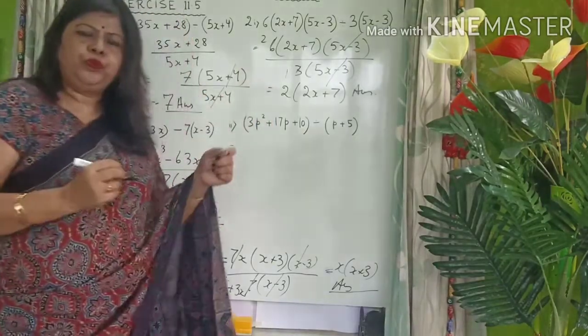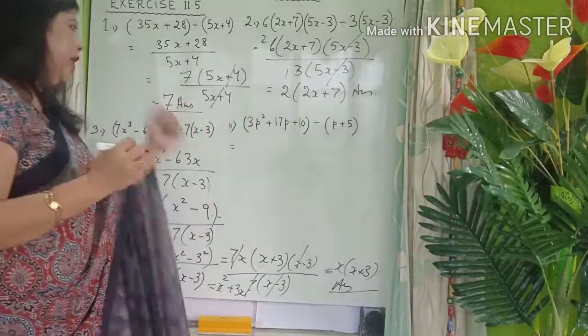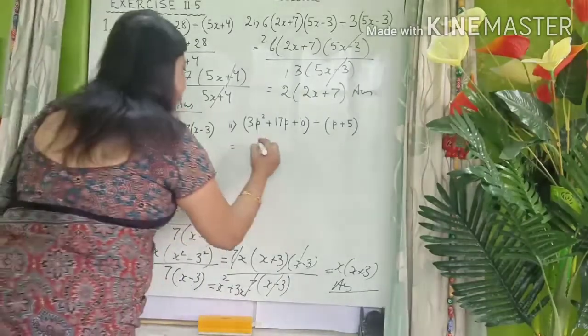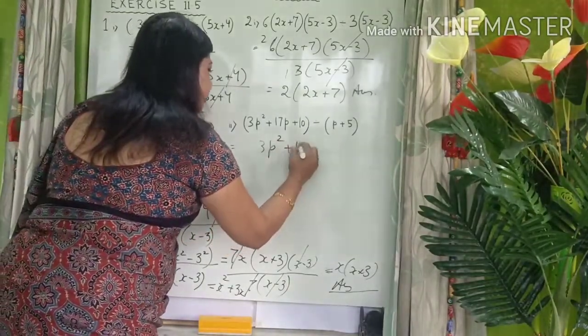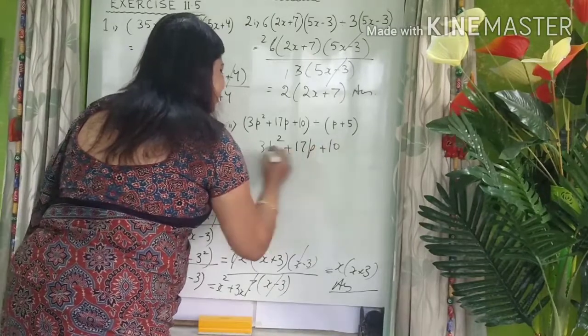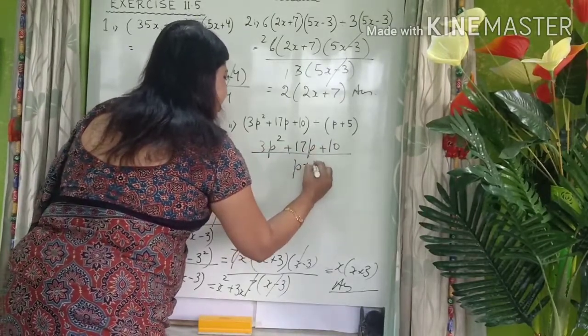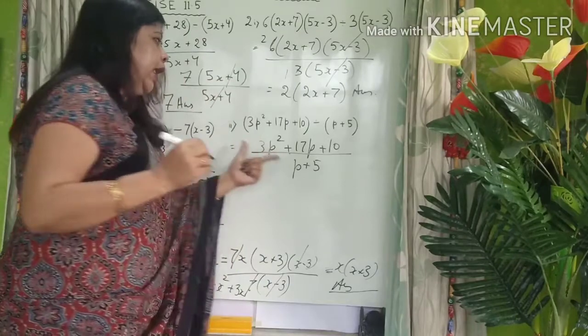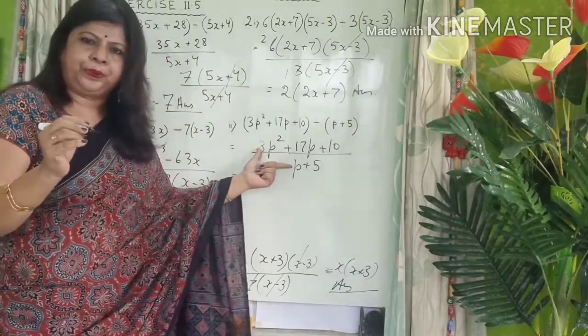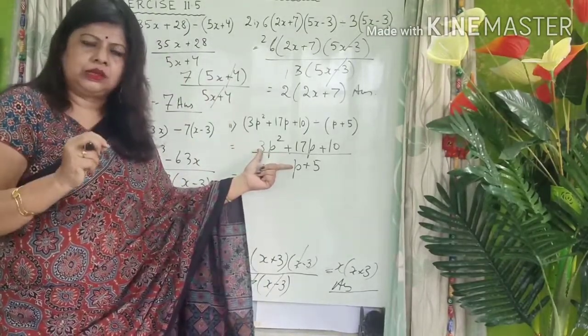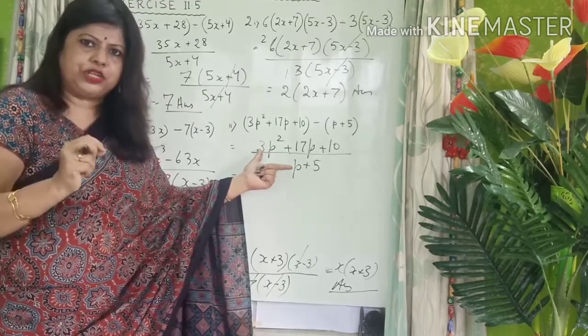Now you come to the second question of number 3. Here you see, children, 3p square plus 17p plus 10 whole divided by p plus 5. Now when you come to this dividend, how can we factorize? We have already done this kind of expression.